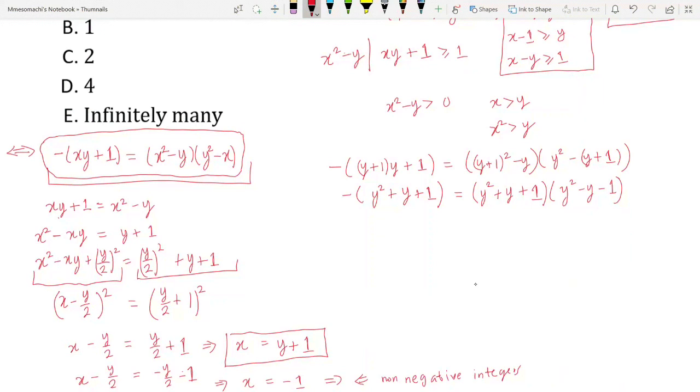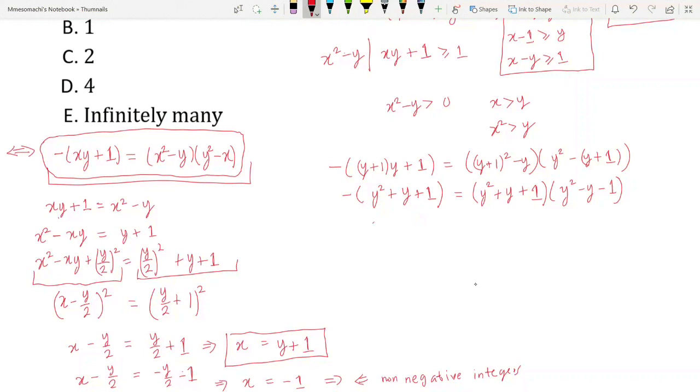So let's just dive in. Since these are non-negative integers, this is greater than or equal to 1, as this in the brackets here, excluding the negative sign. This is greater than or equal to 1. And since these both are greater than or equal to 1, it means we can divide by them. You know, if it was 0, then we'd have an issue. But since it cannot be 0, we can divide.